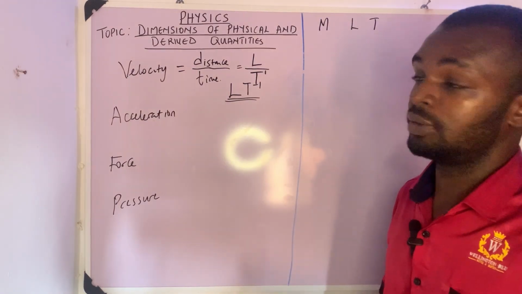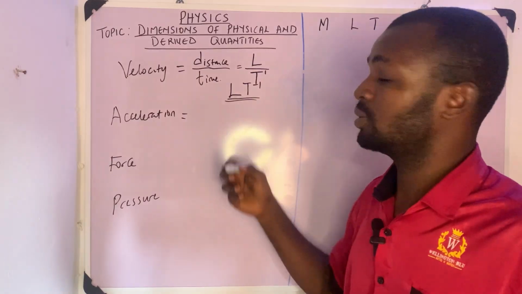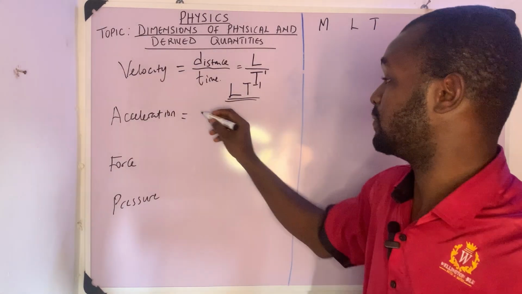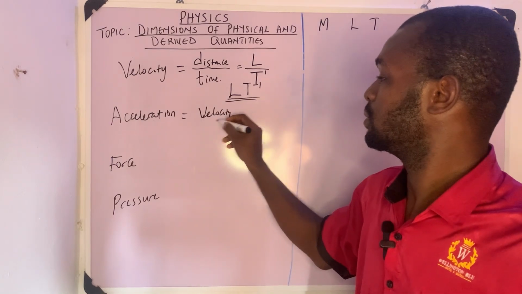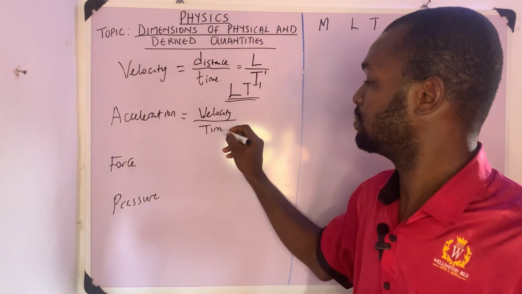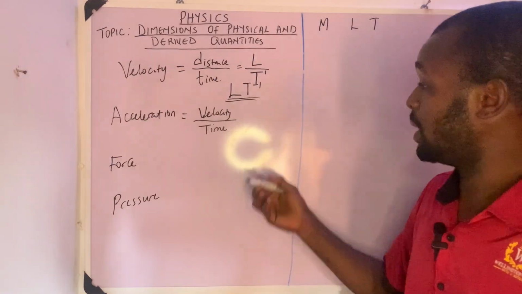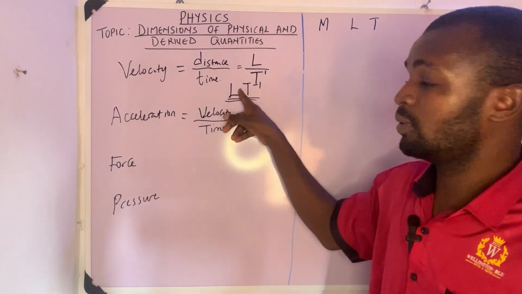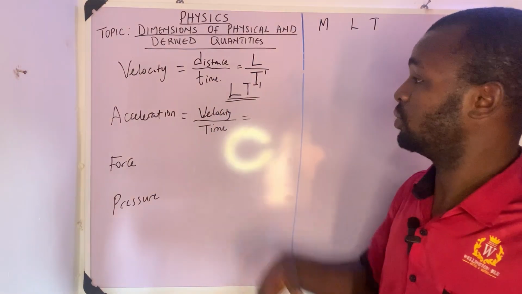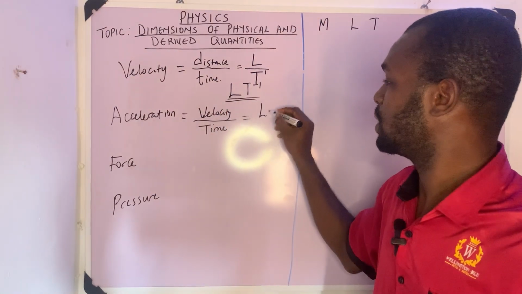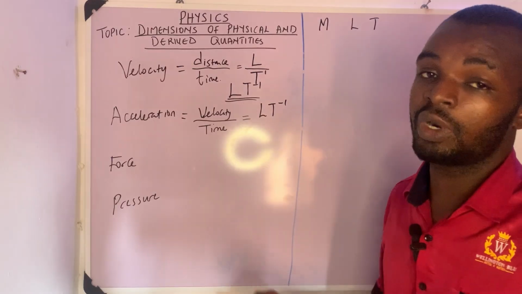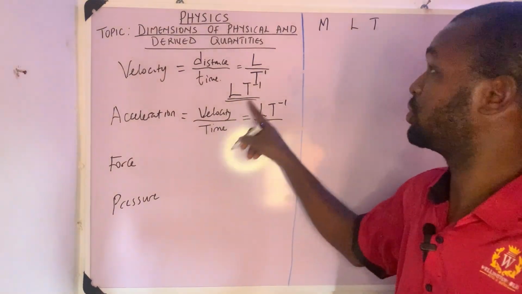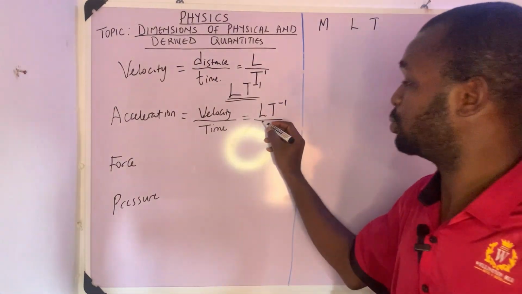Going down to acceleration. Acceleration is also the rate of change of velocity with respect to time, which is velocity divided by time. Now, to form the dimension of acceleration, we have found the dimension of velocity, so no need of killing ourselves. We just take this and put it up, which is LT^-1 over time. If time were to have dimension, it will also go in T, so we'll put T down.